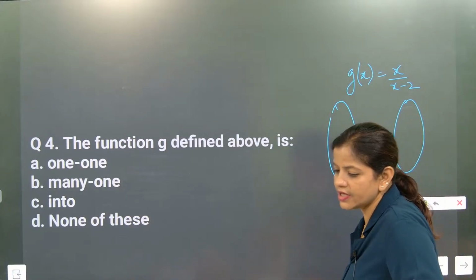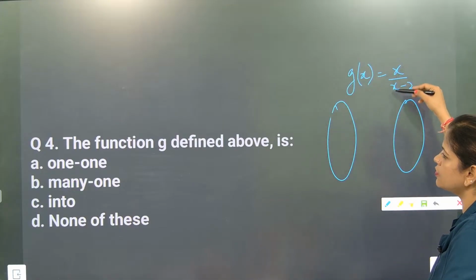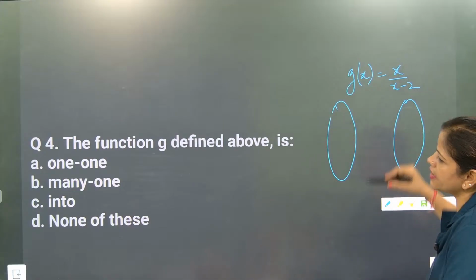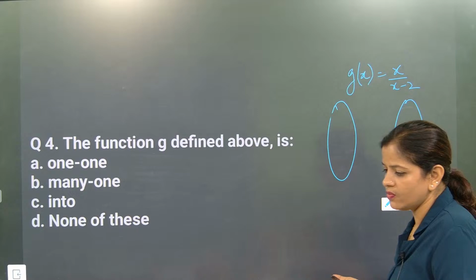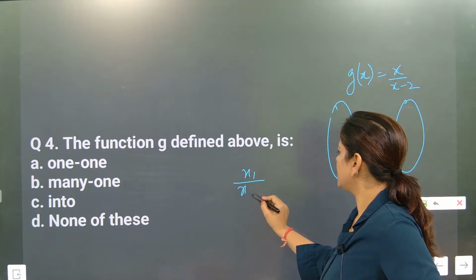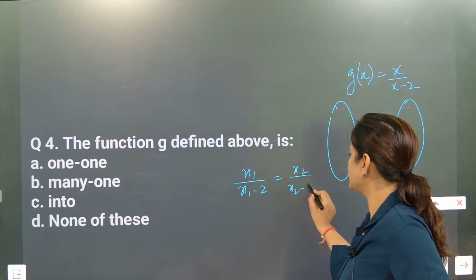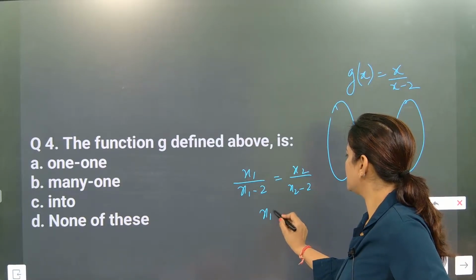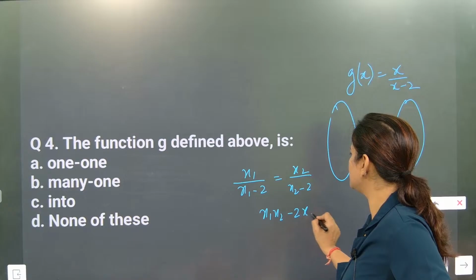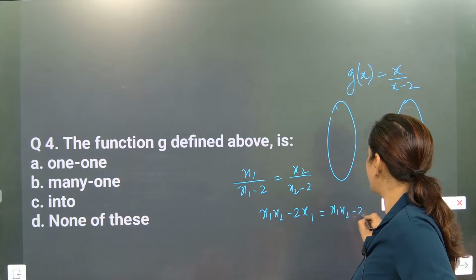Now what type of function is it? You need to check. If we start putting 1, 2, 3, 4, it can be many-one, or it can be one-one. So we will check x1/(x1 minus 2) equals x2/(x2 minus 2). That gives x1x2 minus 2x1 equals x1x2 minus 2x2.